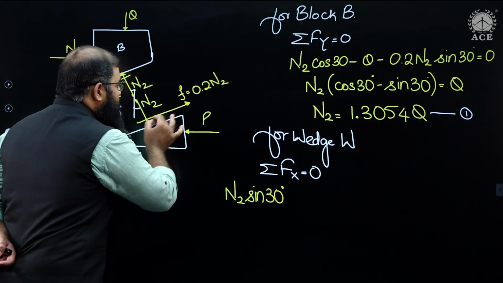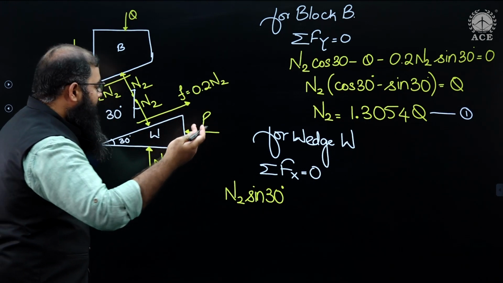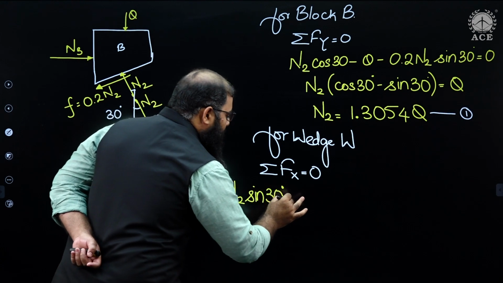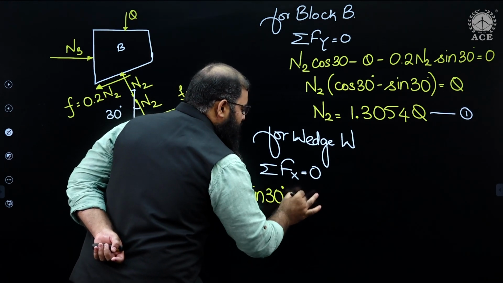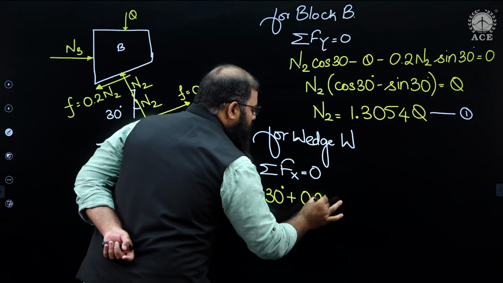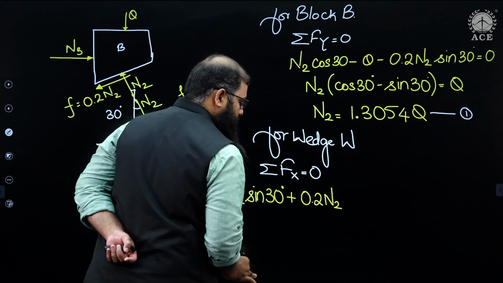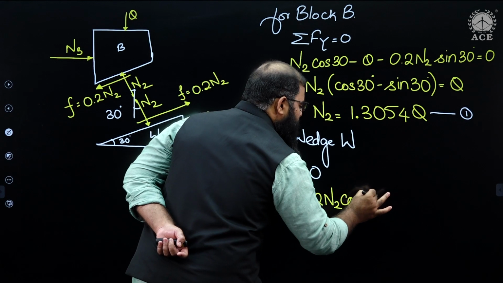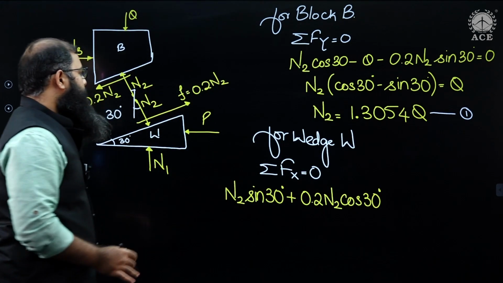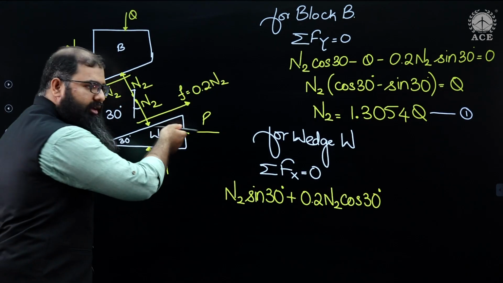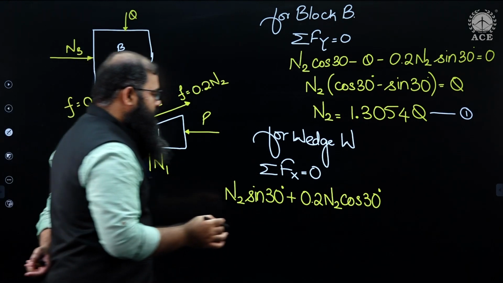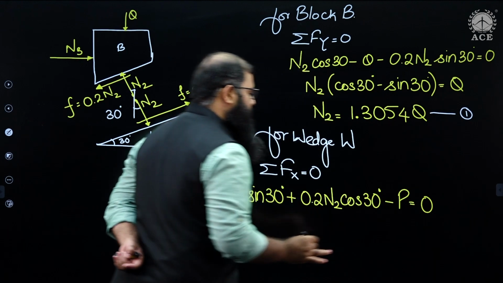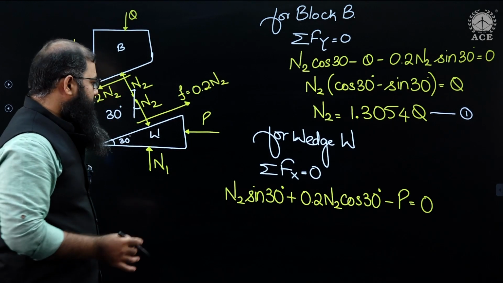And F is also having a component towards the right-hand side, and that component is F cos 30. So therefore I have plus 0.2 N2 cos 30. And I have P, which alone is in the left-hand side. So minus P is supposed to be equal to 0.